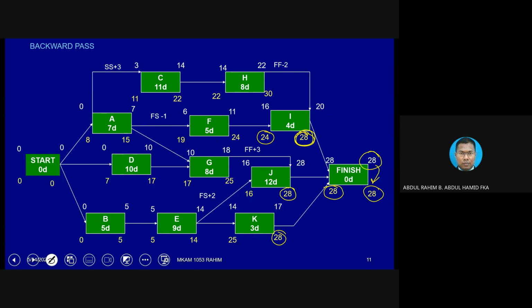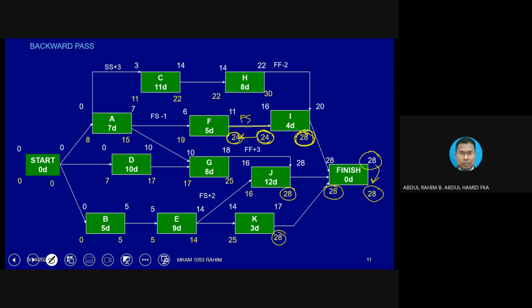But if you notice, between I and F we have a relationship of finish to start. And how do we transfer the value from I into F? It is easy because we are going to use the same arrow here. This 24 will go inside here. Now we already have the values. But the issue is, how do we transfer the value from I into H?